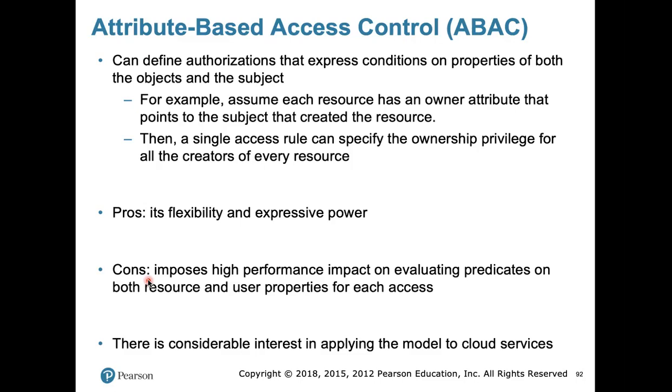So every time I'm accessing a file, the full set of my attributes should be read by the system. The full set of attributes of the file or the resource should be read by the system, and then the system processes these two and makes the final decision.